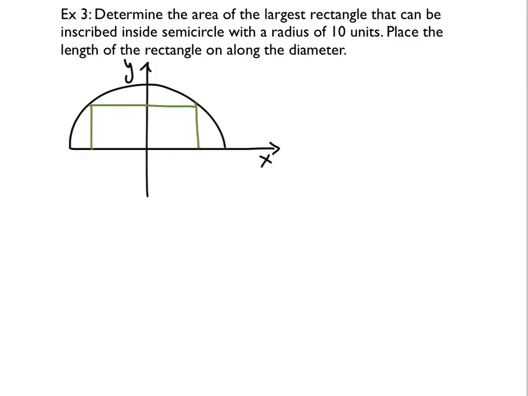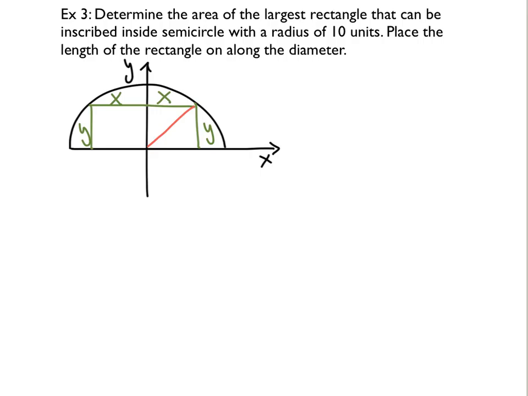Okay, for this example, we want to determine the area of the largest rectangle that can be inscribed inside a semicircle with a radius of 10 units. We want to place the length of the rectangle along the diameter. If you look at this diagram, these values are equal, these are your x values, this is going to be your y values, and your radius is going to come from the center to there.